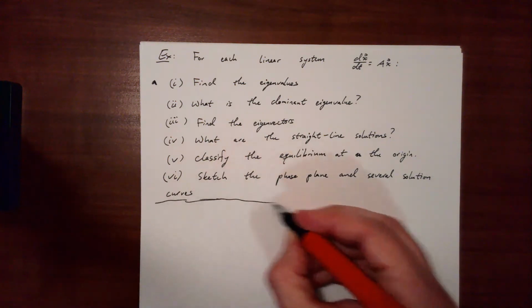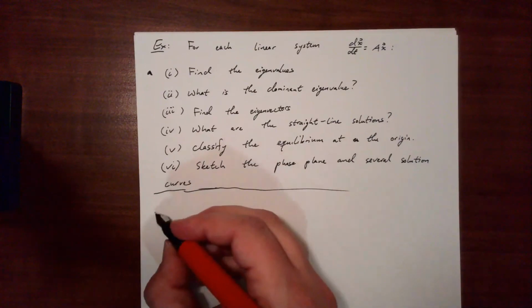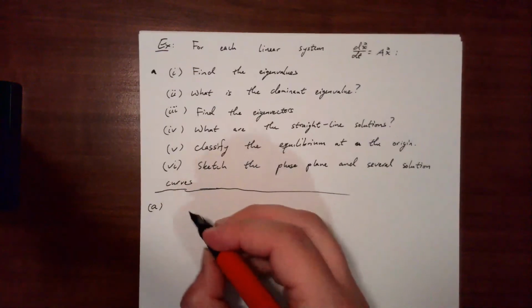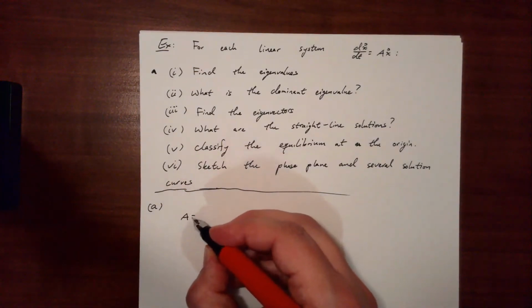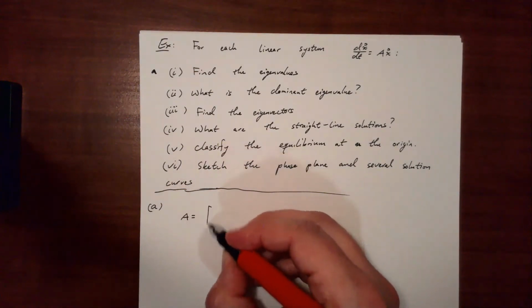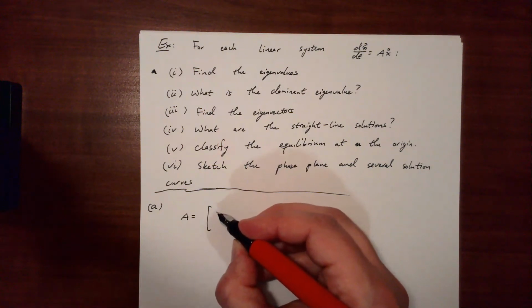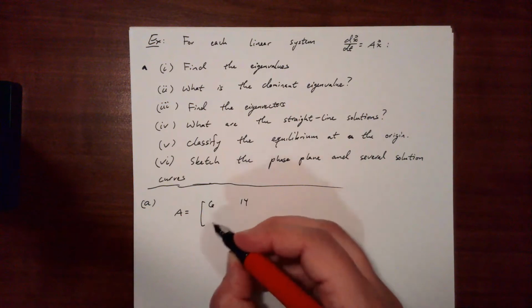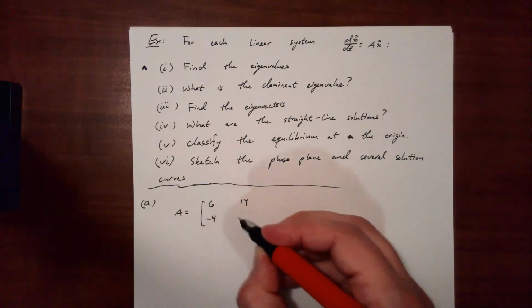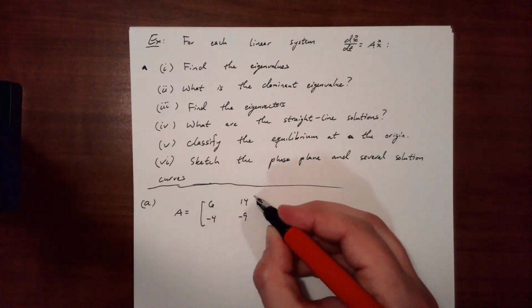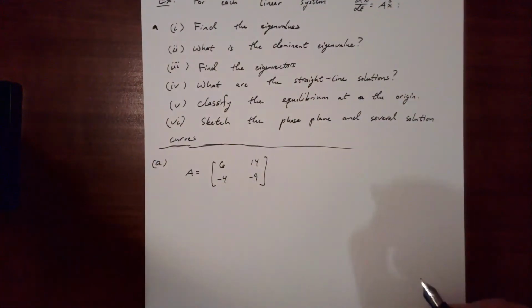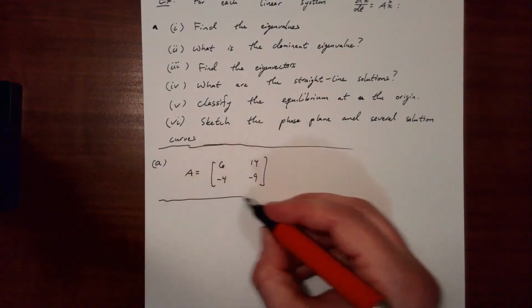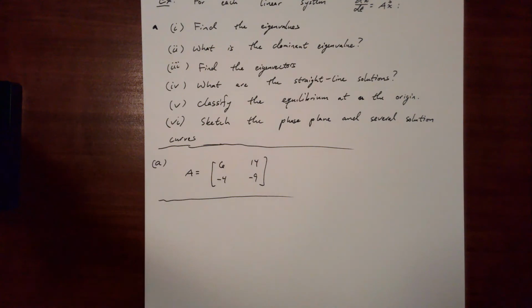Okay, now for the first example, we can just sum it all up by saying what the A is. A equals [6, 14; -4, -9]. We need to find the eigenvalues first.